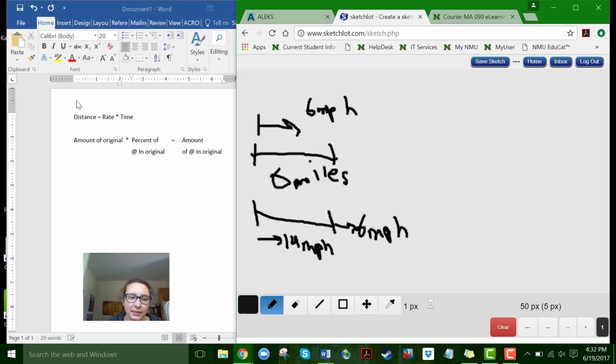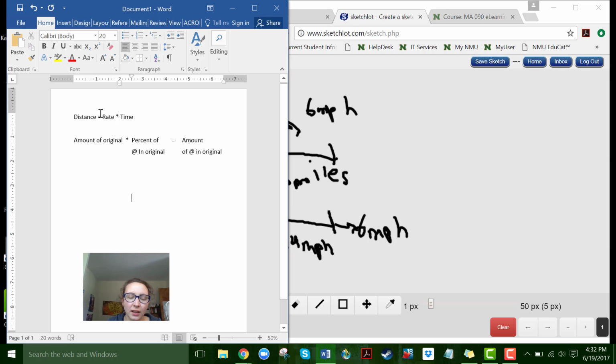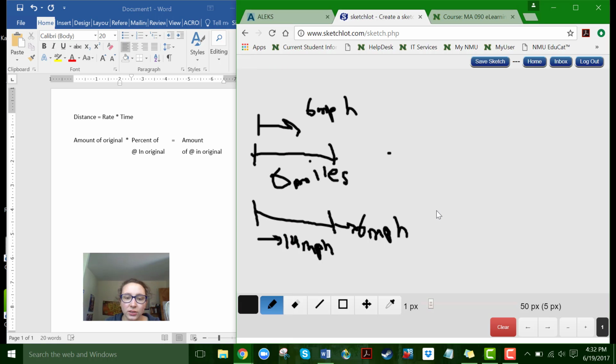So we can take a look at this distance equals rate times time and use that to find the answer. So we don't know the amount of time it takes for the biker to catch up to the runner, but let's call that T. So T is the amount of time it takes for the biker to catch up to the runner. Now, we know that they start out 6 miles apart, but they're going to be a little bit more apart because the runner is still running.